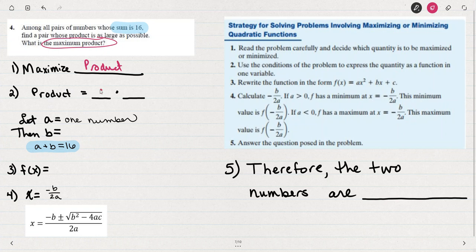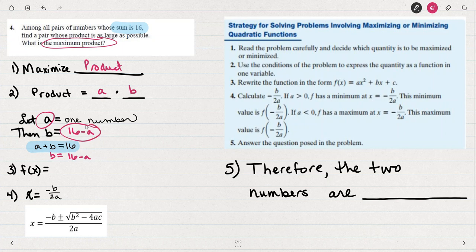So if the product is a times b, these two numbers multiplied by each other, then if I let a be one of those numbers, then I can use this fact that a plus b equals 16 to find the other number, because if a plus b is 16, then b would be 16 minus a. So if one number is a, then the other number is 16 minus a.